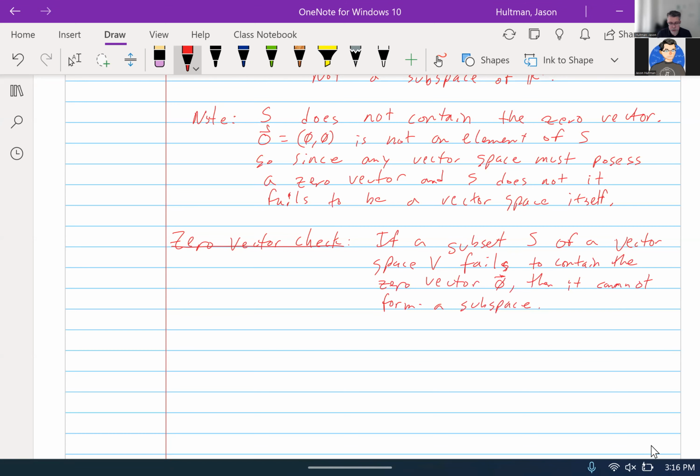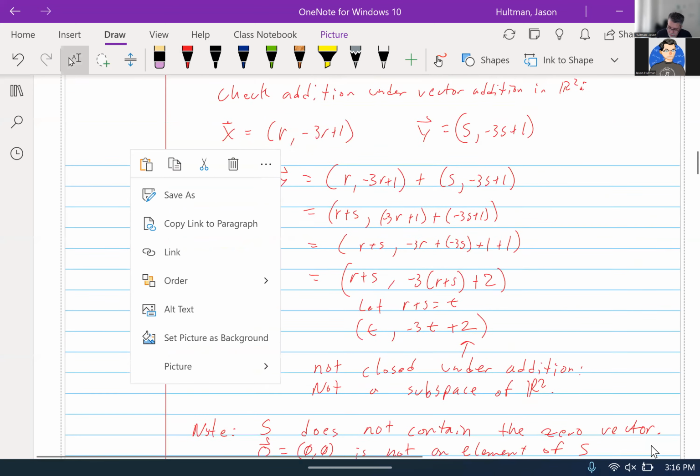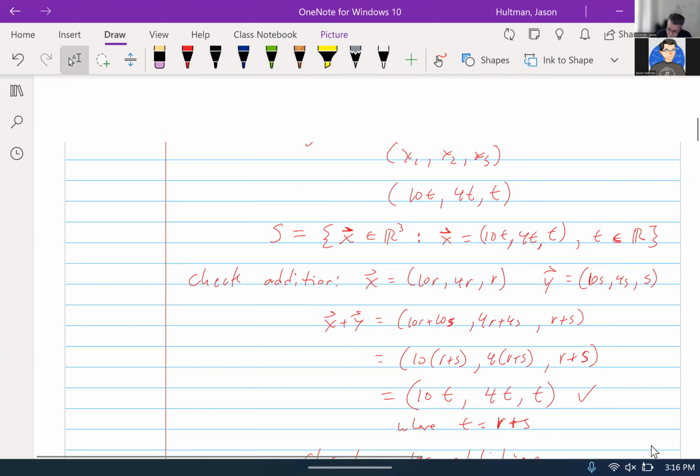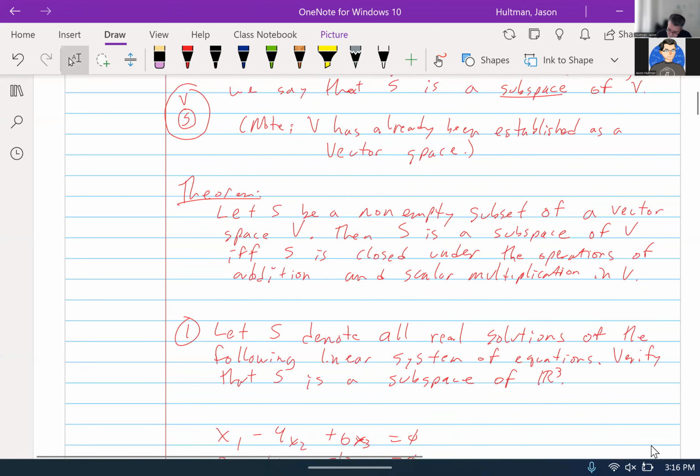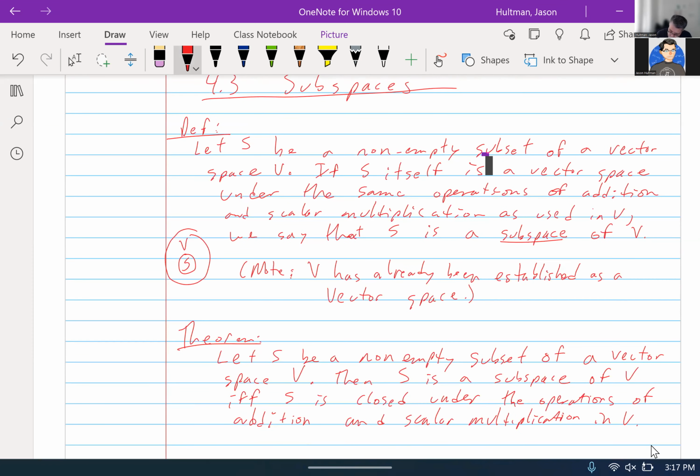It has to contain the 0 vector. So in order for S to be a subspace, it has to contain the 0 vector. Otherwise, there's no way it's going to be a subspace because it can't be a vector space. It's already dead in the water.